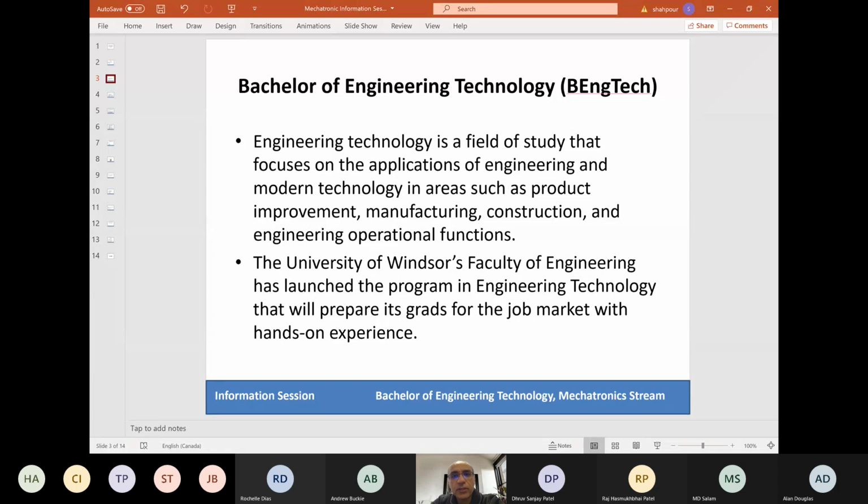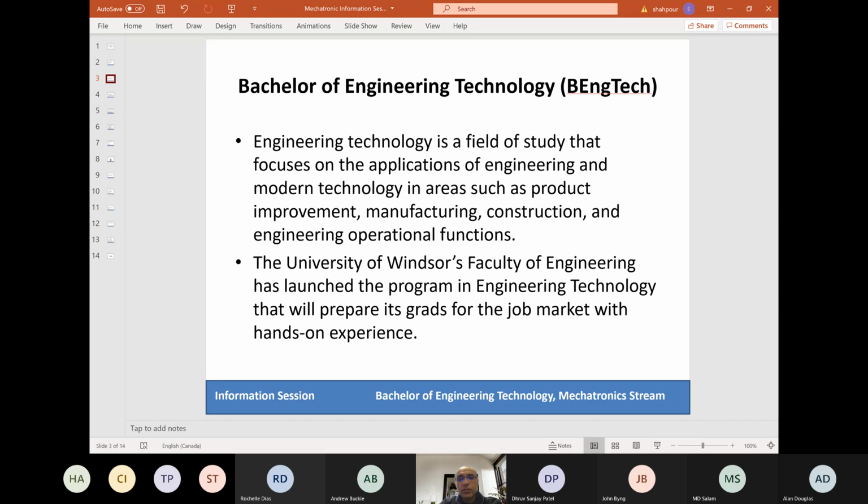Our Bachelor of Engineering Technology is kind of unique in Canada. I guess we have a couple more, maybe in Thunder Bay or McMaster, that have such a program. The program is focused on preparing a pathway for college graduates, or graduates from other university degrees like science or other disciplines, to get their Bachelor of Engineering Technology diploma.